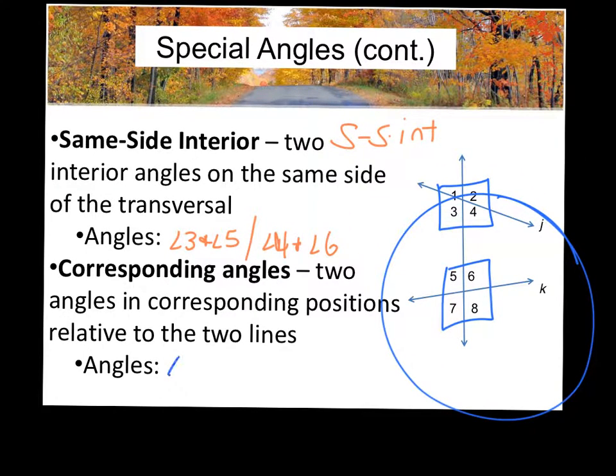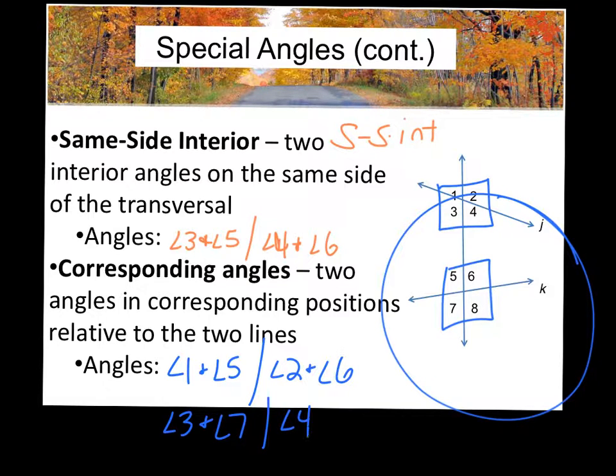And angle 1 would be corresponding to the angle that's in the top left of my bottom box, which would be what? Angle 5. How about angle 2? Angle 6. How about angle 3? Angle 7 and angle 4 and angle 8. Okay, so if it's hard to see, make yourself a little box, and it's top left corner, top right corner, bottom left, bottom right.